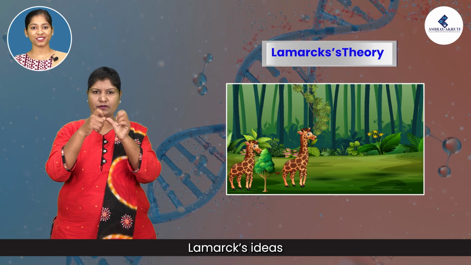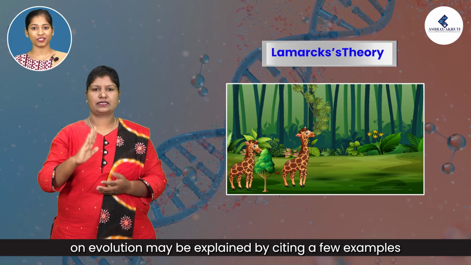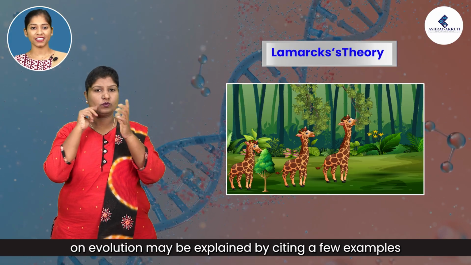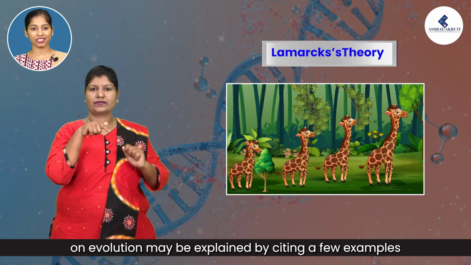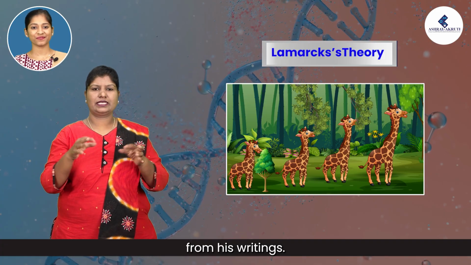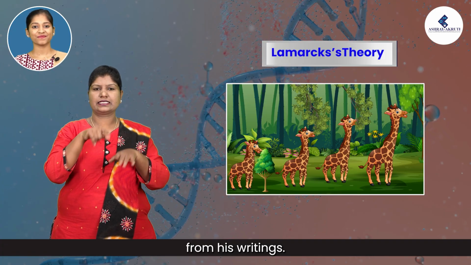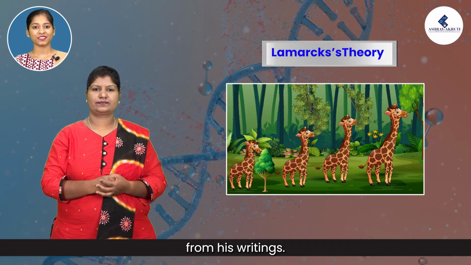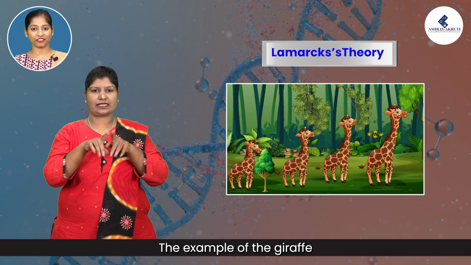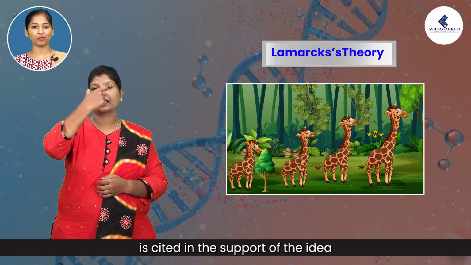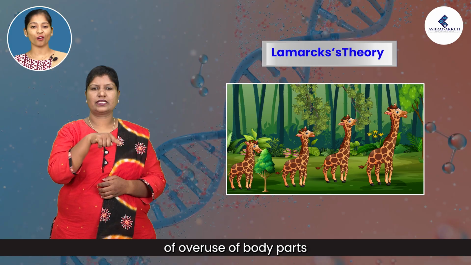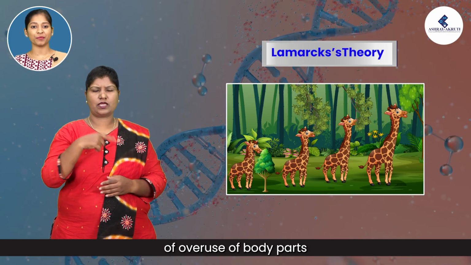Lamarck's ideas on evolution may be explained by citing a few examples from his writings. The example of the giraffe is cited in support of the idea of overuse of body parts.